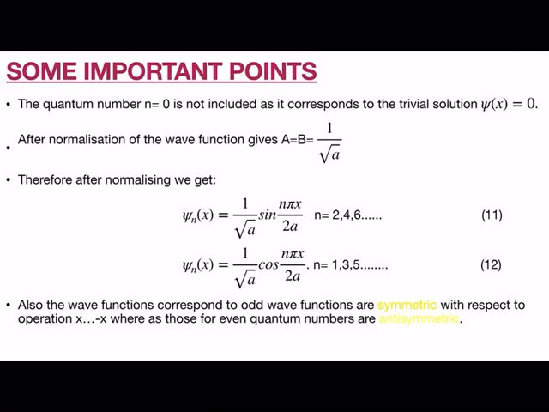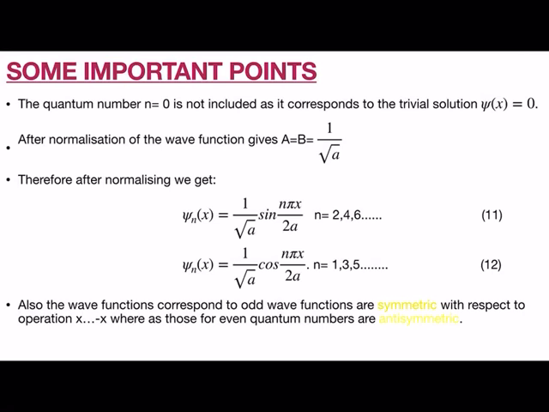I will discuss the zero point energy in the next slide, but this is in accordance with the uncertainty principle, that there is a minimum energy. If n is equal to 0, then psi will be equal to 0, then the probability of finding the particle will be 0 in the whole space. There is no particle in the box, which can't be possible. So there is some minimum energy.